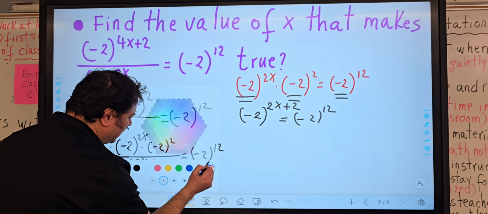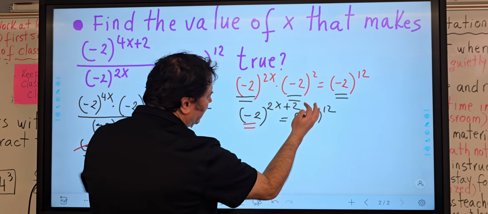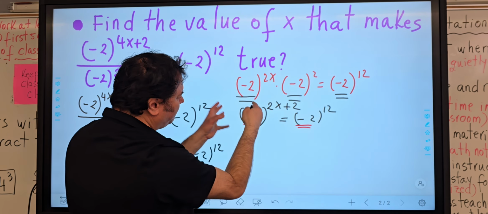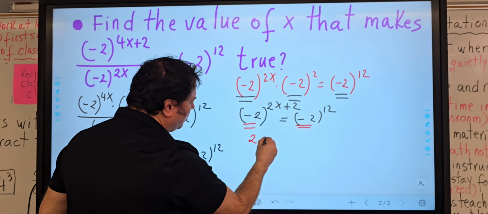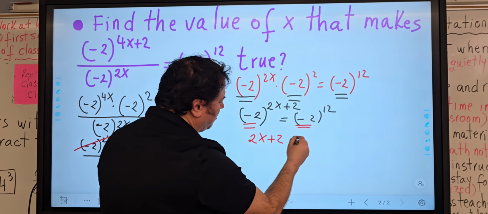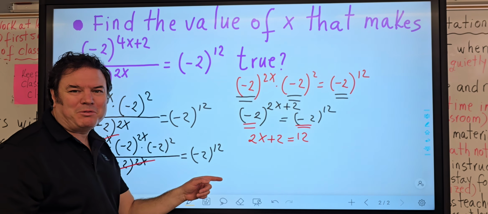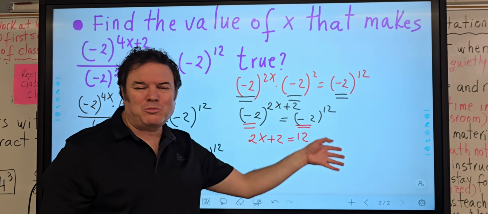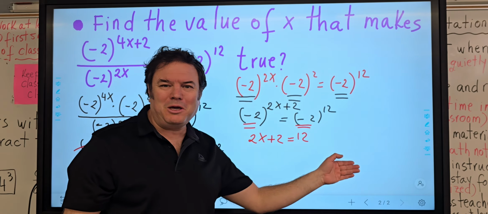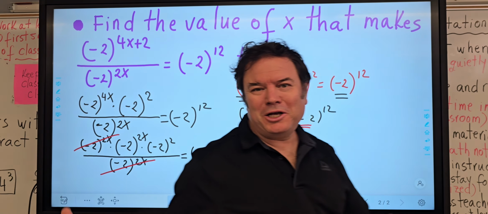The bases are the same. And now we can equal the exponents. So the exponent for this base is 2x plus 2, and the exponent of this base equals 12. Just like we did with our small examples, 2 to the power of x equals 3 and 3 to the power of x equals 27. Remember that.